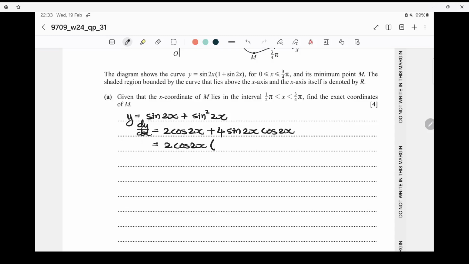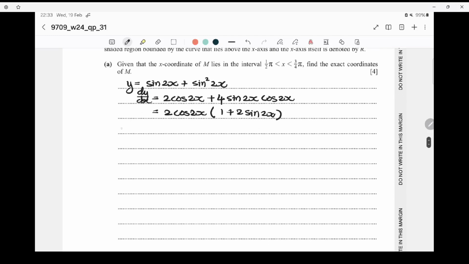What you have inside is 1 plus 2 sin 2x. So at the minimum point, you know that the first derivative equals 0. So 2 cos 2x (1 plus 2 sin 2x) equals 0.